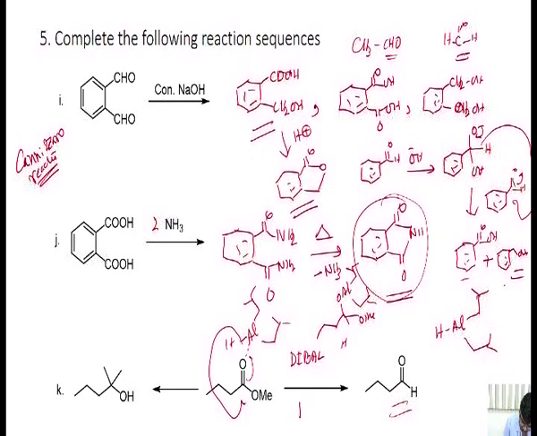This can be carried out in toluene solvent at negative temperature. This is very important. You have to use toluene as the solvent. So this intermediate, when you do workup, will convert into aldehyde as a product.